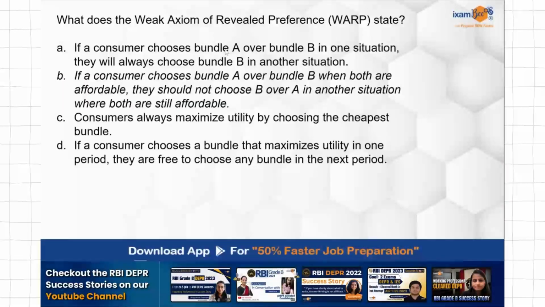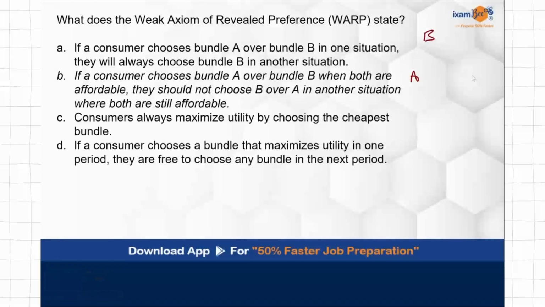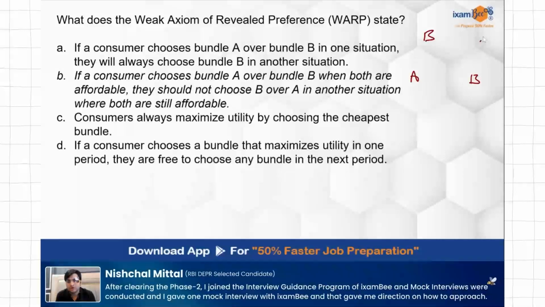Okay. What does the weak axiom of revealed preference, WARP, state? So in the case of WARP, we all know that if any consumer chooses bundle A when he can afford bundle B, he should not choose bundle B when he can afford bundle A, right?